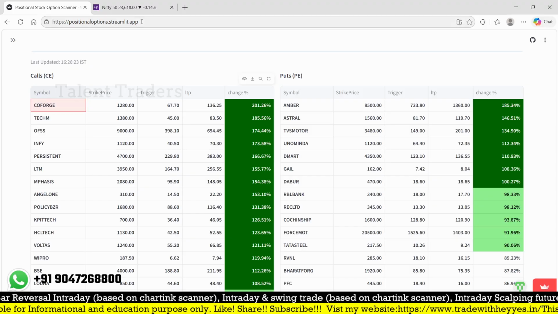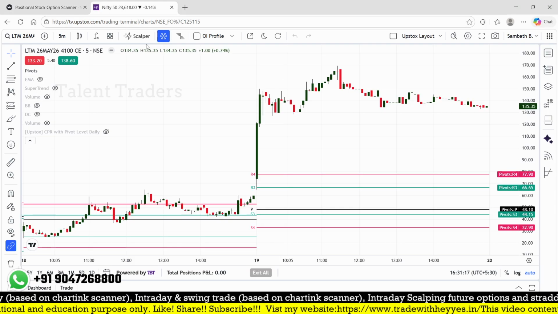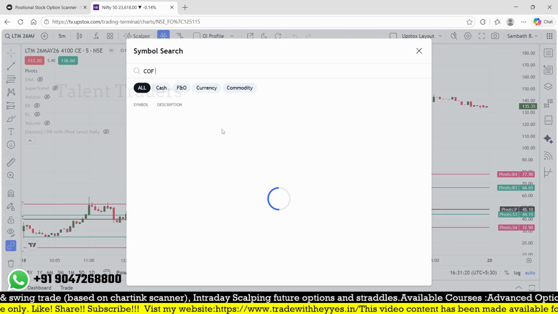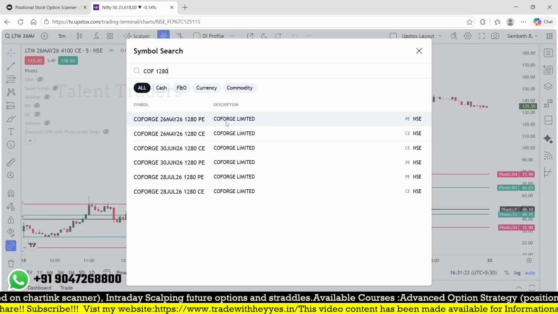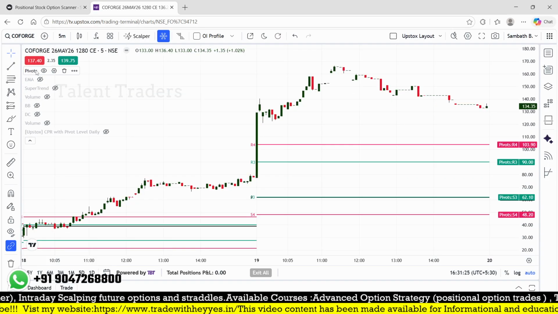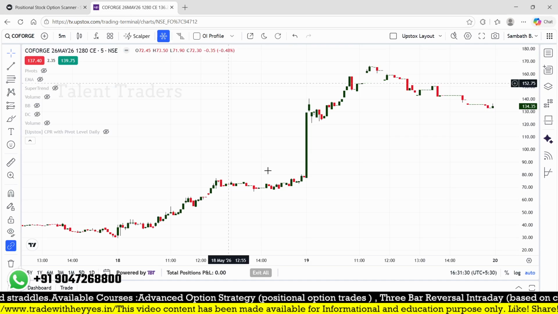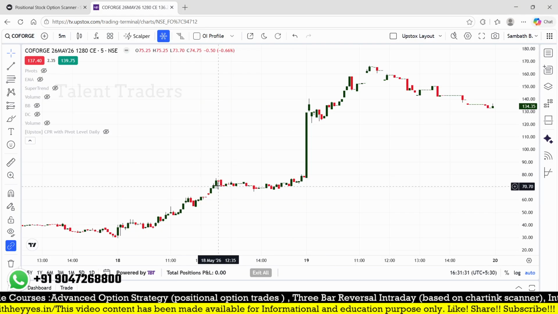First one, go for 1280, where 67.7 should be the breakout. So whether it is a trigger or not, this is a call side, so we'll try the 1280 strike, and 67 is the breakout point.